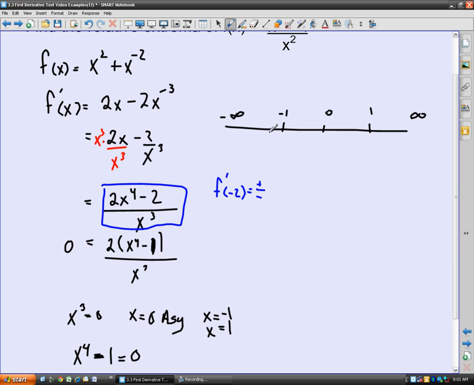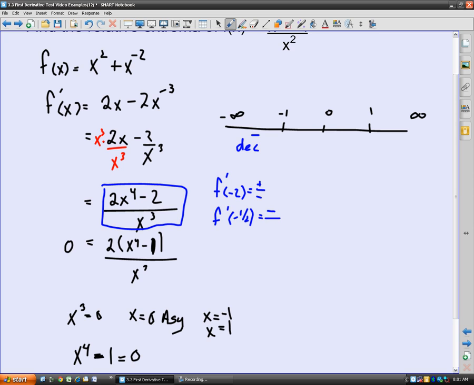1. So then I'm going to pick a number between negative 1 and 0, which would be something like negative a half. When I plug in negative a half, I get a positive number here, which is actually smaller, so the top is going to be negative. And on the bottom, a negative a half will remain negative. So now I have a positive number, which means I am increasing.